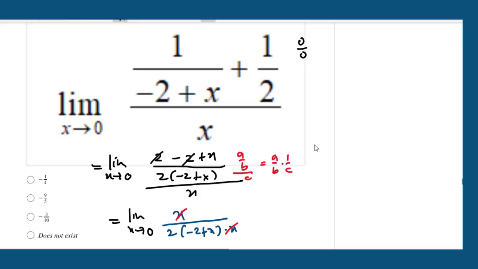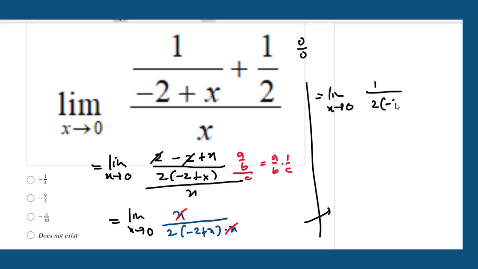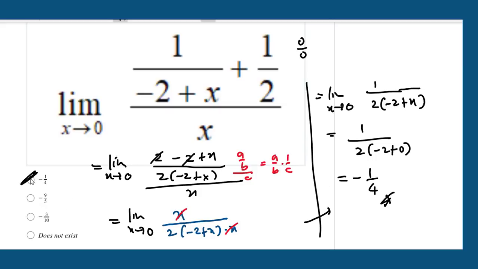The answer is limit as x approaches 0 of 1 over 2 times (negative 2 plus x). Then substitute 0: 2 times (negative 2 plus 0) is equal to negative 1 over 4. So the answer is negative 1 over 4.